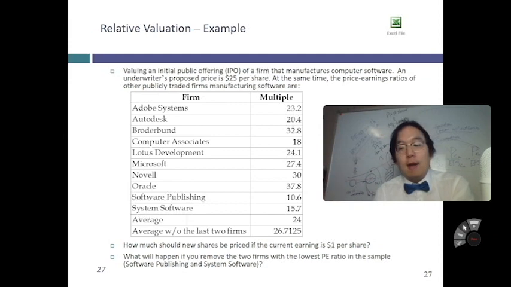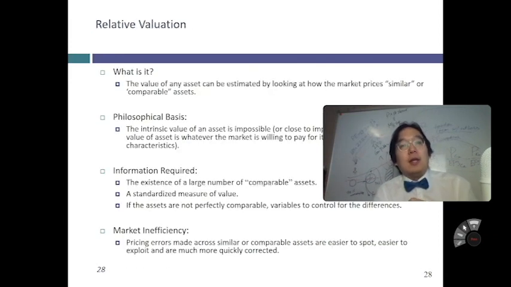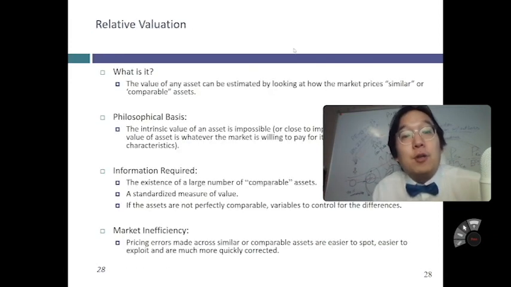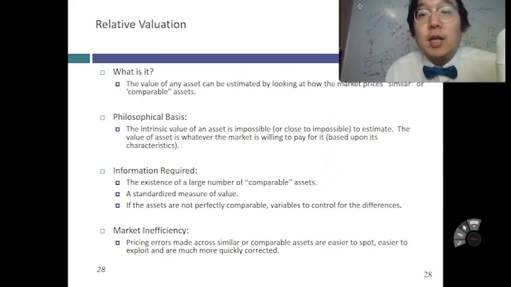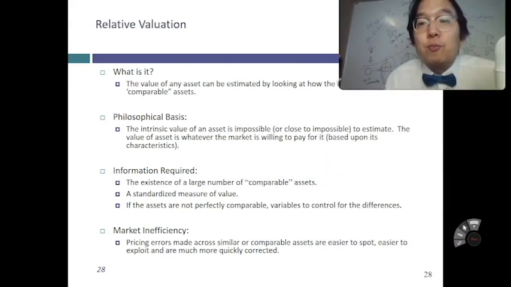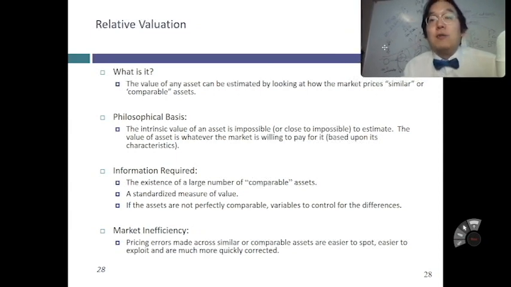Anyway, now relative valuation. The value of any asset can be estimated by looking at how the market prices similar or comparable assets, right? In PE ratio, the comparable fundamental item was net income, okay? For each dollar of net income, how much are the investors willing to pay?